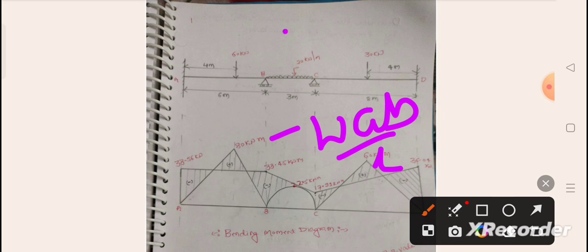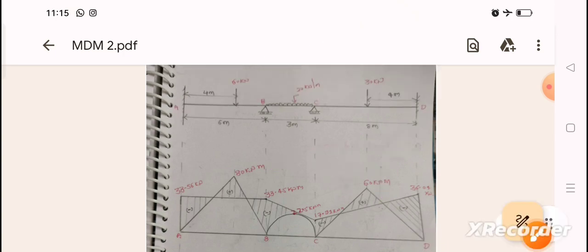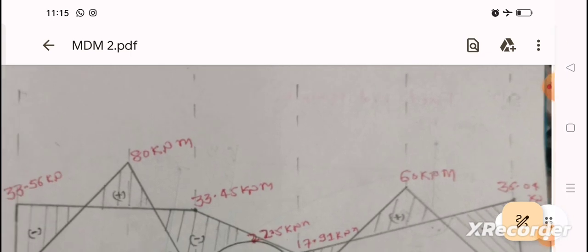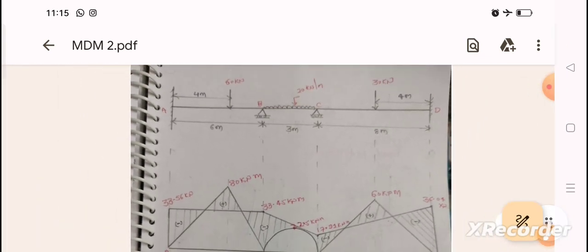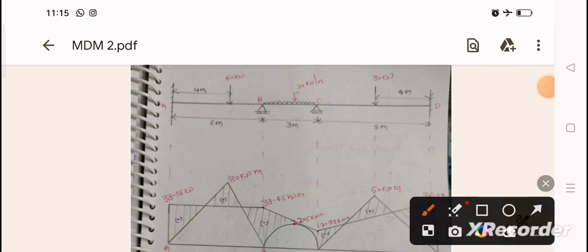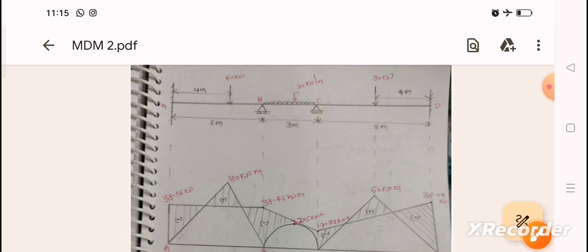W is 60, A is 4 and B is 2, divided by L. So that is 680.